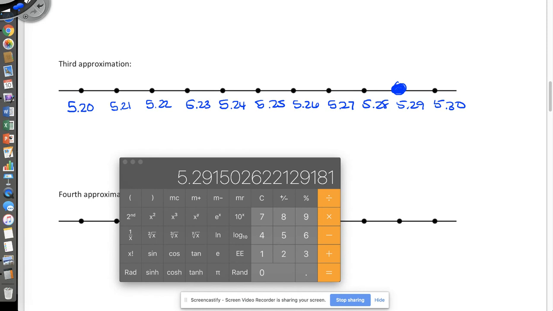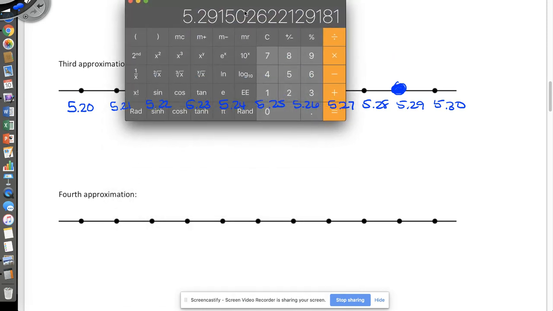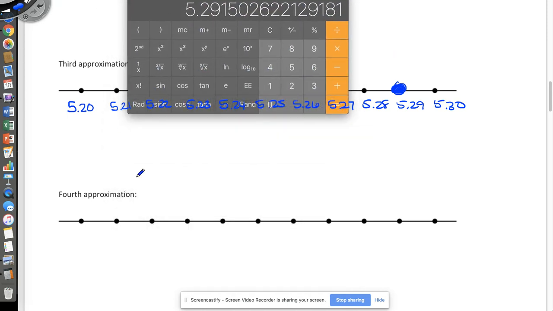All right, now we want a fourth dimension to this. So we're going to go to the fourth place, which is why I said let's go ahead and include that thousandths place. So now we're going to start with 5.29, but we're going to say 5.290, 5.291. You might want to start writing at an angle because they start to blend together when we get too many numbers.